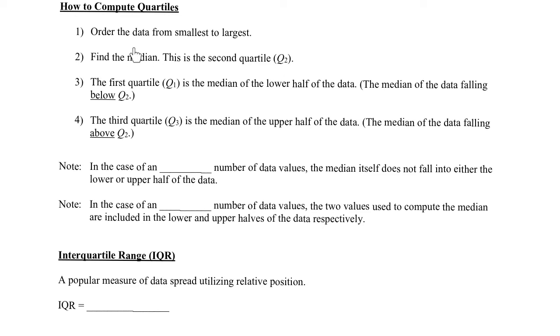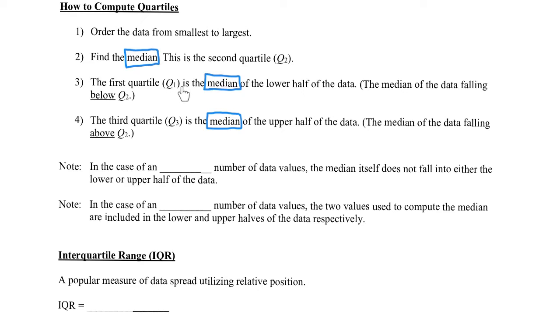Most people will use the term median. Then the first quartile is just the median of the lower half of the data. Right, the median of the lower half. And then the third quartile is just the median of the upper half. So basically, we're going to find the median 3 times. If you keep that in mind, it's a pretty simple process.